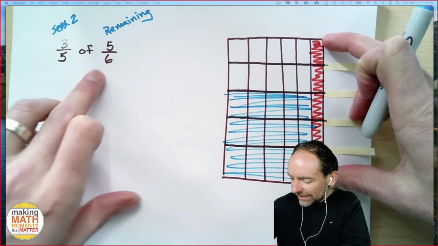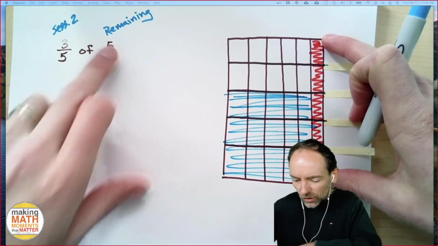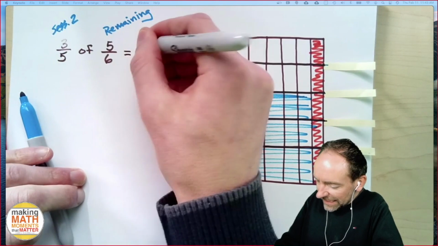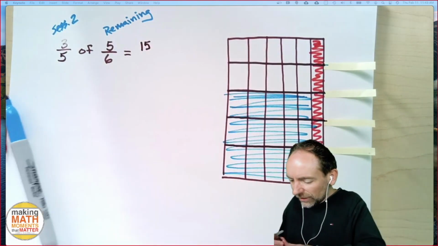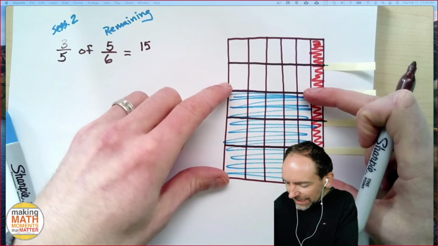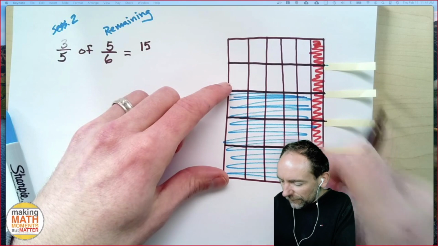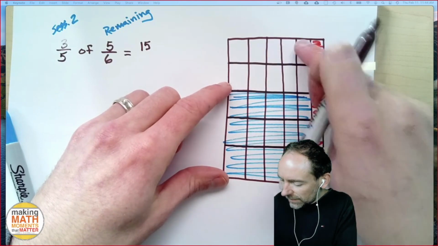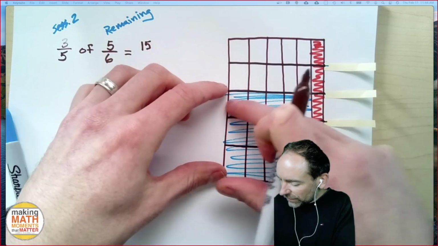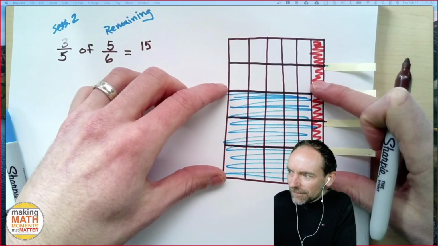And when I look at that, I go, wait a second, why did so many people multiply 3 times 5 to get 15? Well, when I look at this, the part I'm interested in is actually 3 rows of 5 columns, a 3 by 5 array. So this right here is a 3 by 5 array, and that represents my chunks.